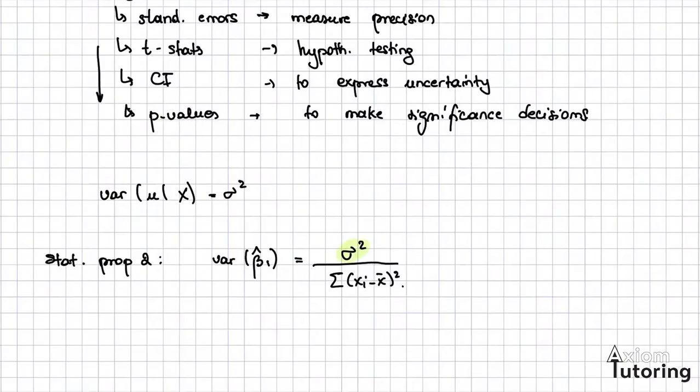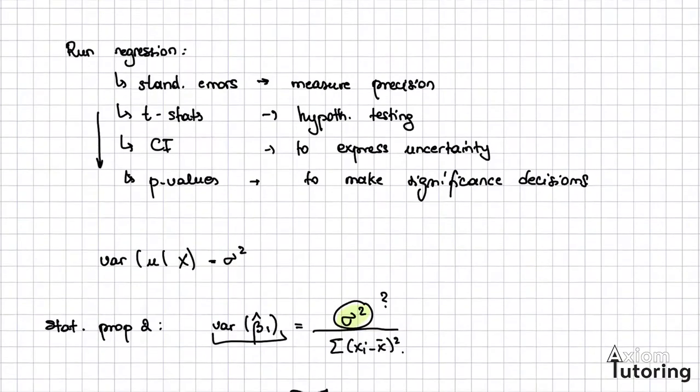So if this sigma squared is not constant across all of your x's, which value should go into this? This is the variance of beta 1 hat, and the standard error is just the square root of that variance. So the problem starts from the variance, then goes to the standard error, and then cascades onto t-stats, confidence intervals, and p-values, which are constructed from those same values.